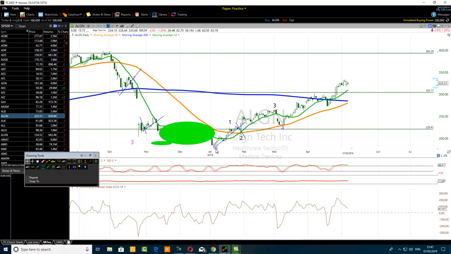So here again, in fact, this is the third wave right there. Now it's clear to us that this is the third wave, and that third wave has been subdivided into five: 1, 2, 3, 4, 5.